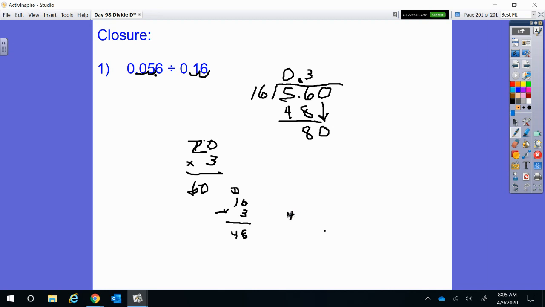4 times 16 is 24. 4 times 1 is 4, plus 2 is 6. 64. No, that's not close enough. Let's try 5. 16 times 5.